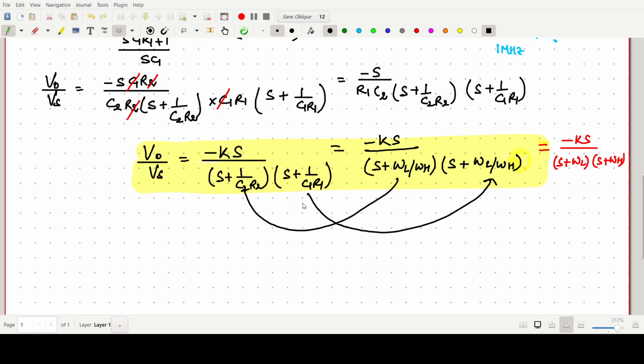Means it should be c2 r2 or c1 r1, so that we have to think. For this purpose, and here this K value is our minus 1 by c2 r1.